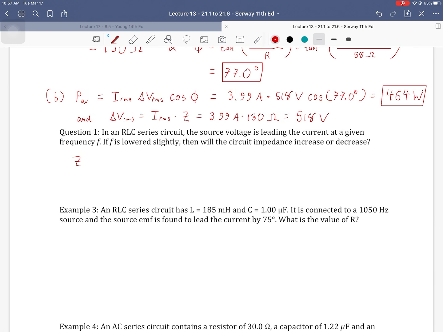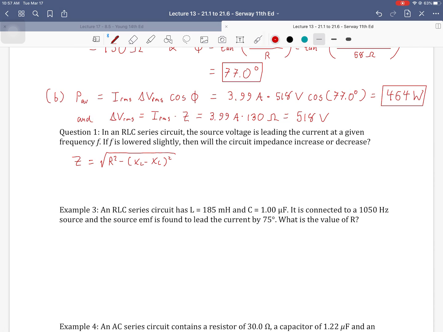We have our impedance, the square root of R squared plus XL minus XC squared. Perhaps we want to think about the voltages and their effect, maybe in terms of the phasor diagram.